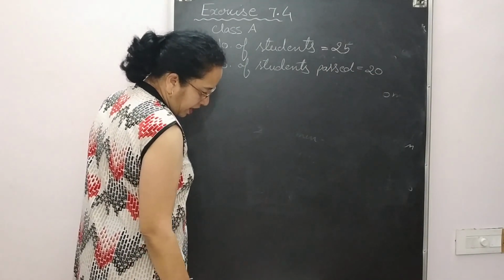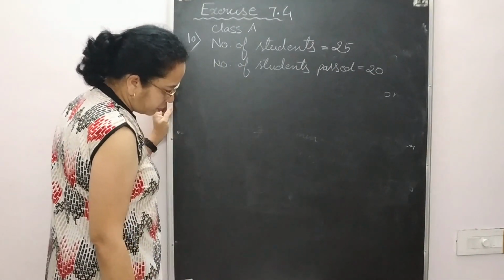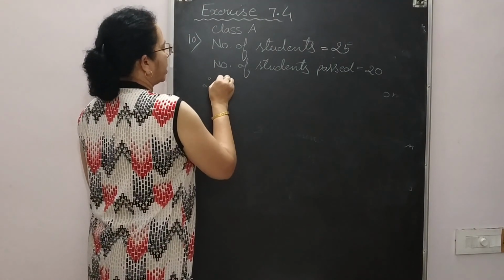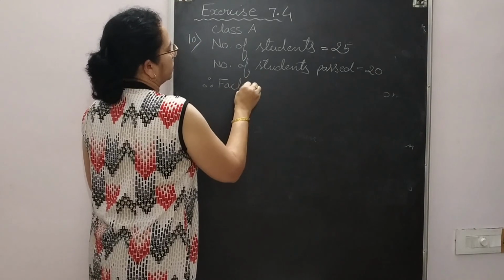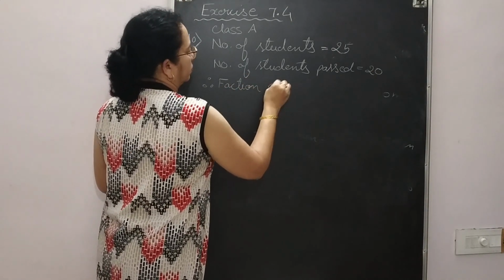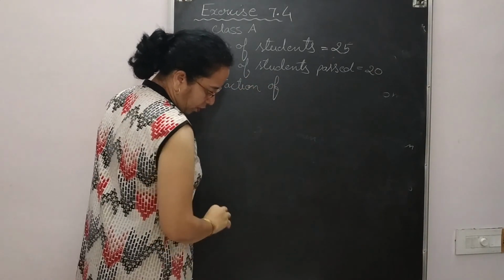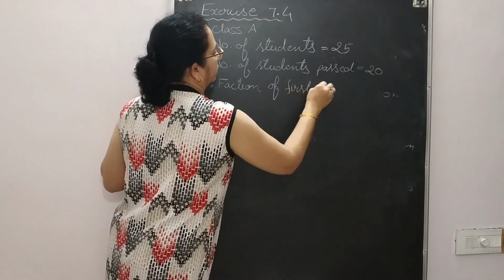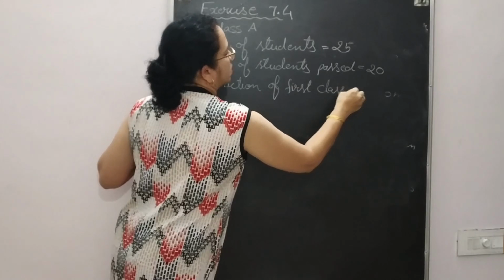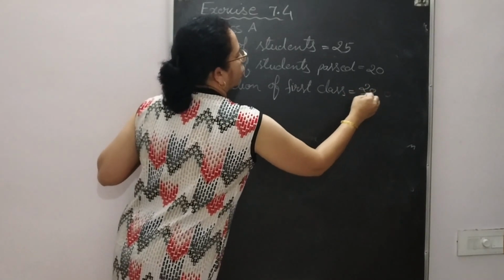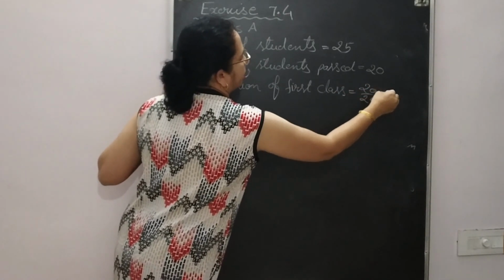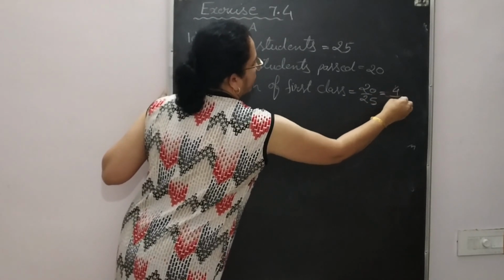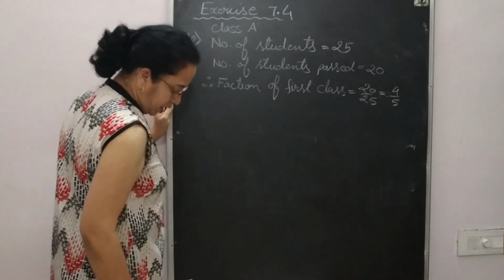And what you need to find out, which class was a greater fraction of students getting first class. So therefore, fraction of first class is equal to 20 out of 25. So this will become 5 4s are 20, 5 5s are 25.